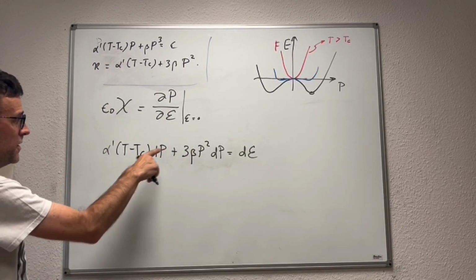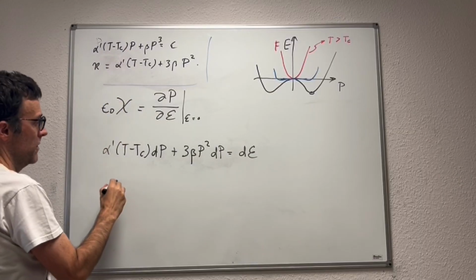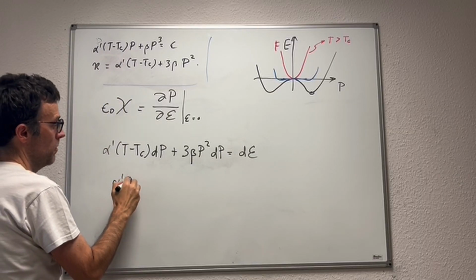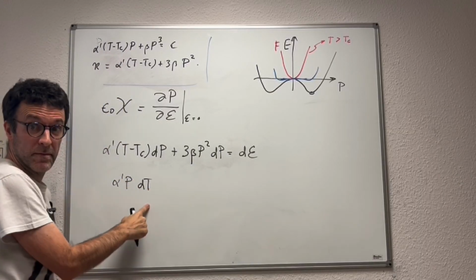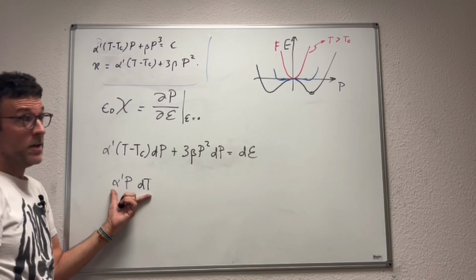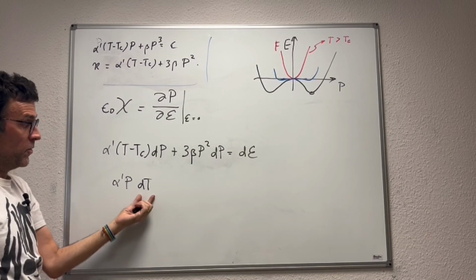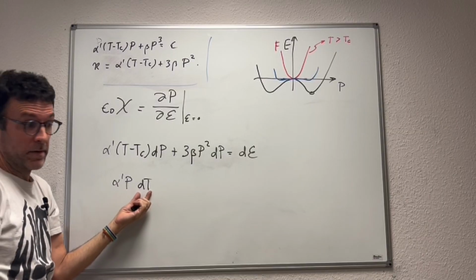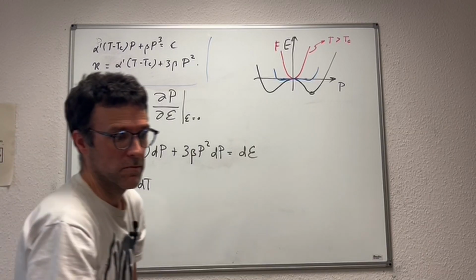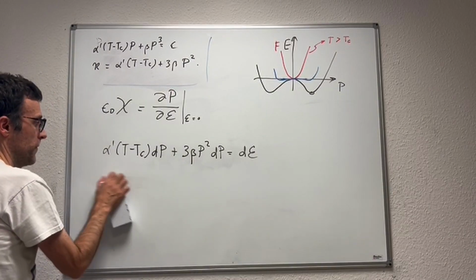If the temperature changes, here we will have an extra term that will be like alpha prime P dT, which is the derivative of this thing with respect to the temperature multiplied by dT, the change of the temperature. So let's forget about this one for now.